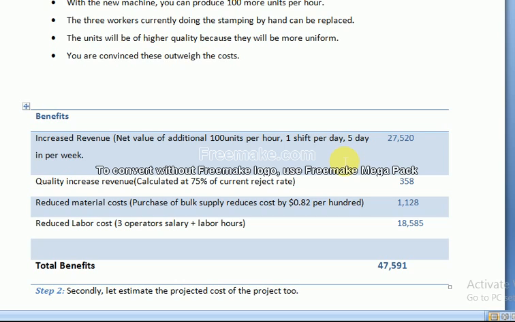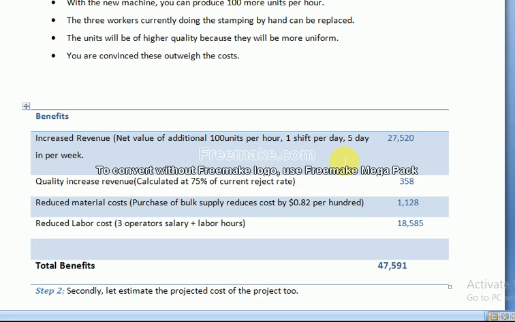Now we are supposing that if we make this production through the new machinery, then 75% of our sales returns will be decreased, and when they are decreasing, it means that $3,358 per month of sales returns will be decreased. Clear? It means that those will not be returned to us. So this is our benefit.